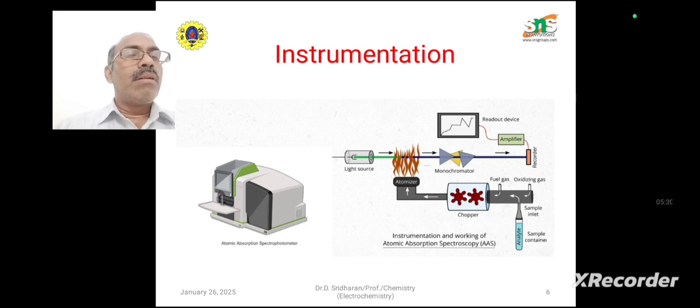This is followed by the monochromator, detector and amplifier. Then we can get the results from the display. So these are the basic concepts of the basic instrumentation of AAS.